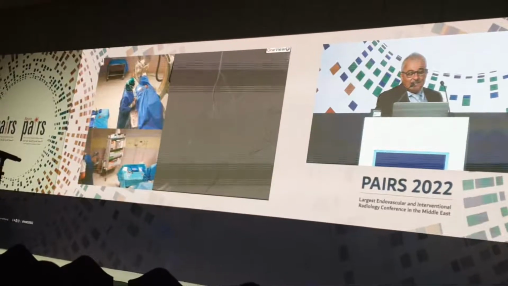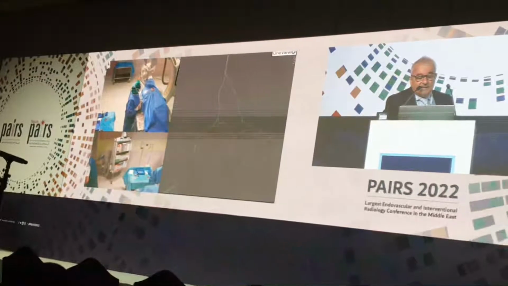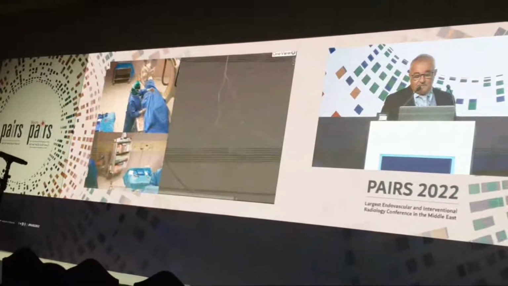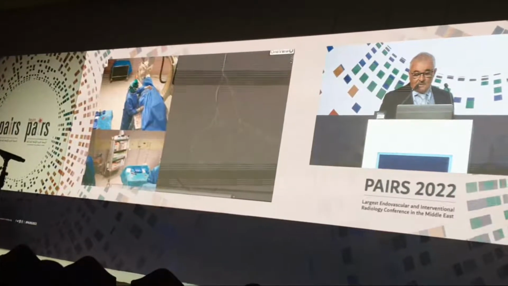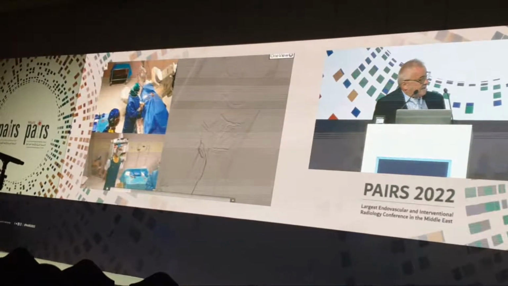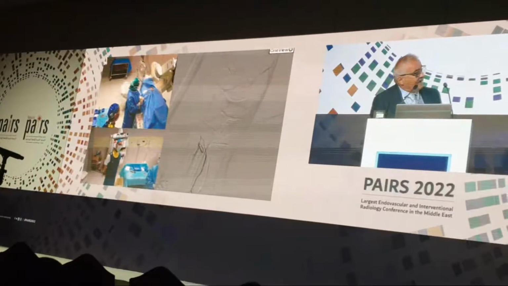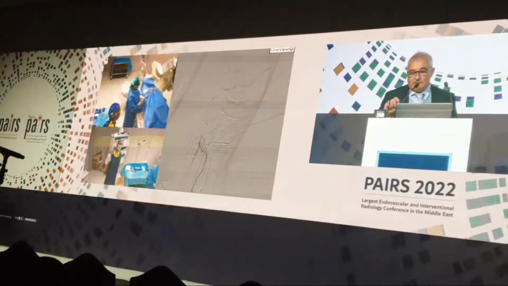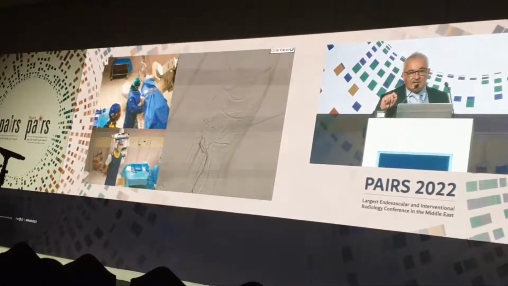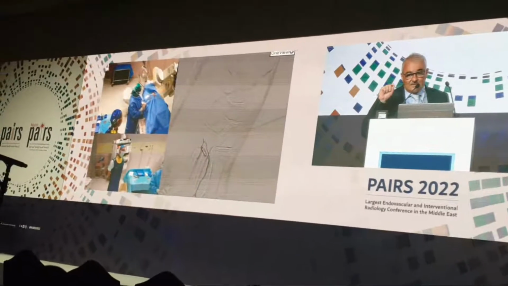You can see the tarsal artery, and in this case we have to remember the anatomy. Let me stop the video for a moment. I want to remind you that 13% of patients have a hypoplastic dorsalis pedis.